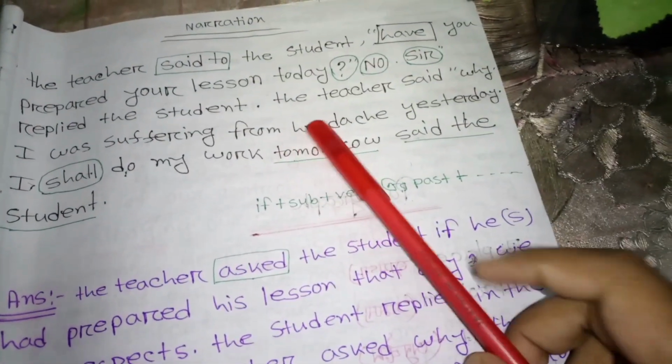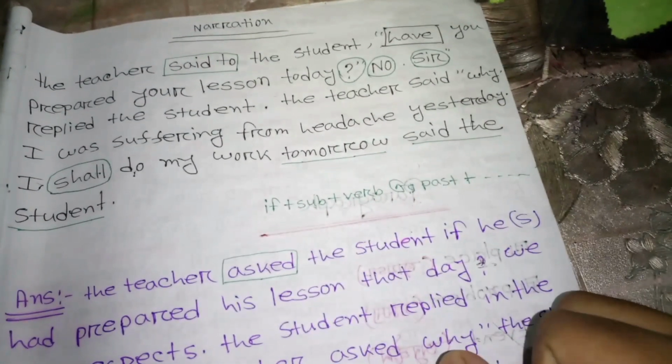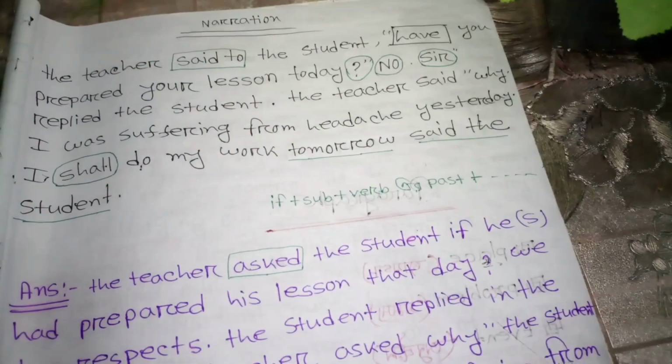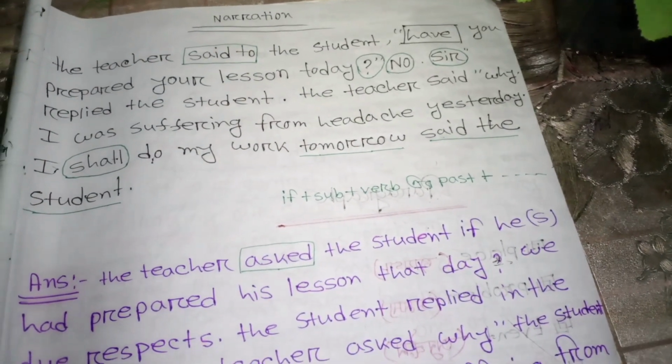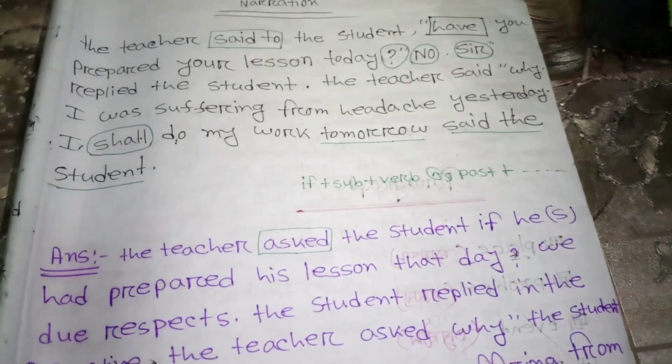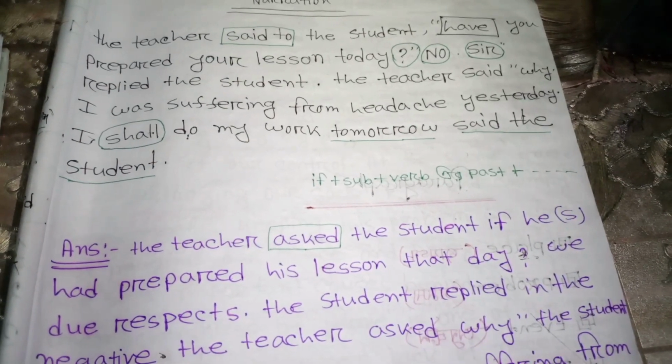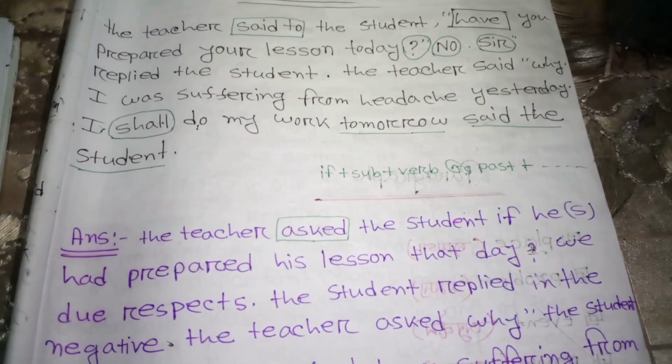And then the second line here, "No, sir," replied the student. So the student replied, "No, sir." So firstly, we have to focus on the expression, what the student's expression was. So the student's expression was very respectful.